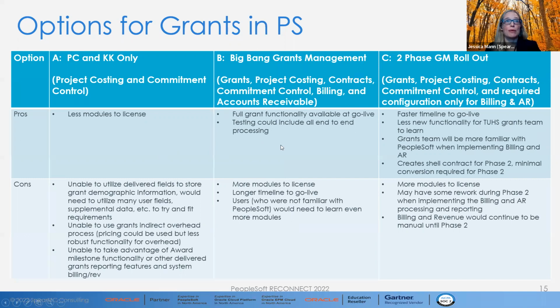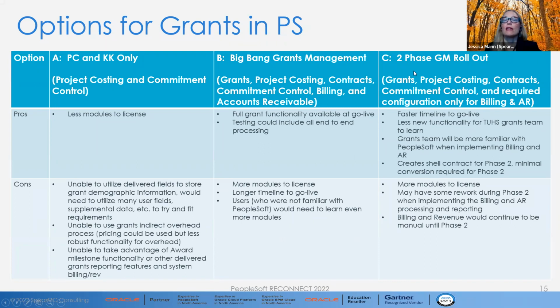With the big bang, making sure that all of the features were available right at go live would be great, and all the testing could be done at one time, end to end. But it would be a longer time to go live, and compared to project costing and KK, more modules to license, as well as more functionality that would need to be learned. And for this particular business unit, they were not very familiar with PeopleSoft at all.